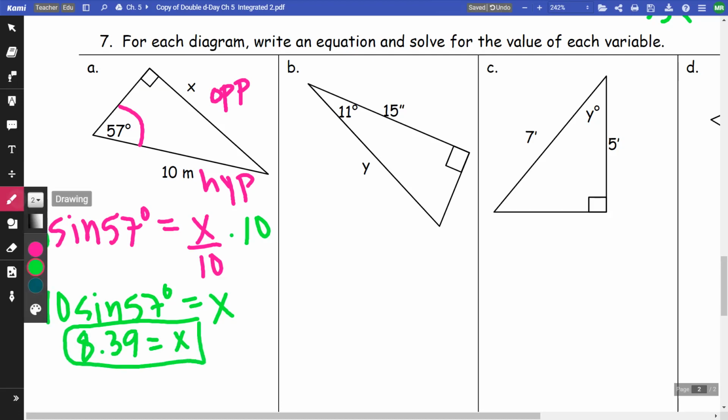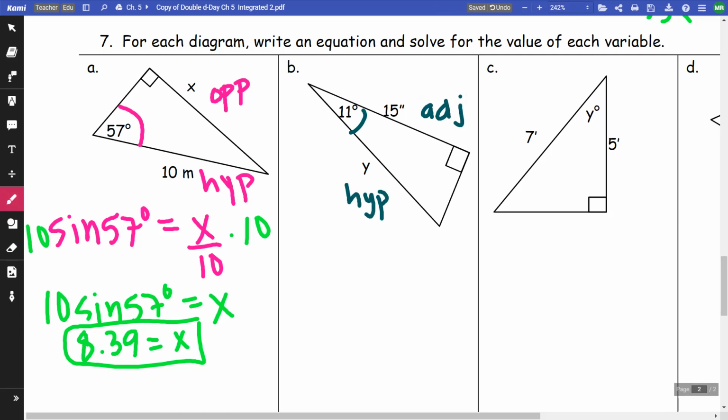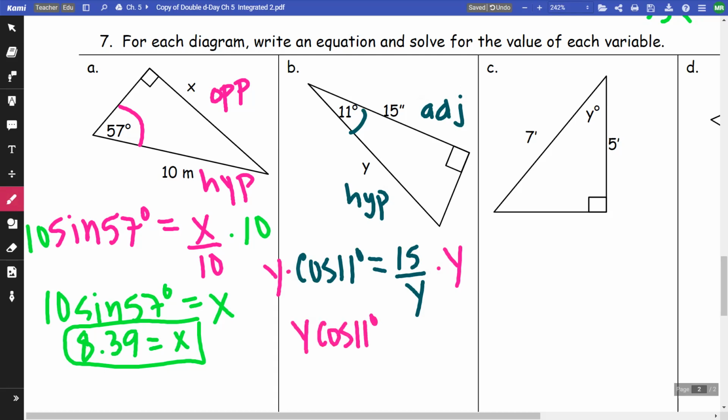On the next one, 11 degrees, this is going to be adjacent, and this is going to be hypotenuse, so that's going to be cosine. So I'm going to go cosine of 11 degrees is equal to 15 over y. I am going to multiply this side by y and this side by y. So I get y cosine of 11 degrees is equal to 15.